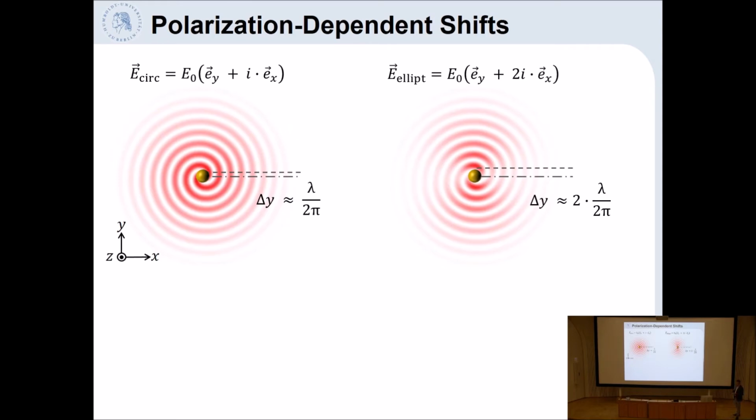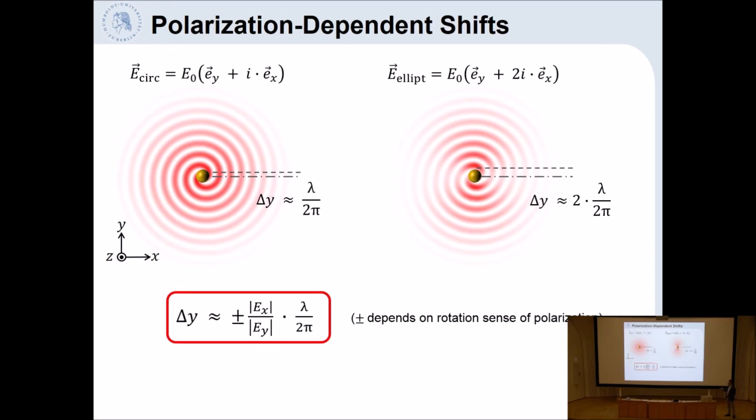And as a general result, that means that the shift that I observe will be proportional to lambda over 2 pi, and the proportionality factor is the ratio of the linear dipole along the optical axis divided by the transverse dipole amplitude, transverse to the optical axis. Okay? So this here is then the ratio of the major and minor axis of the polarization ellipse here.